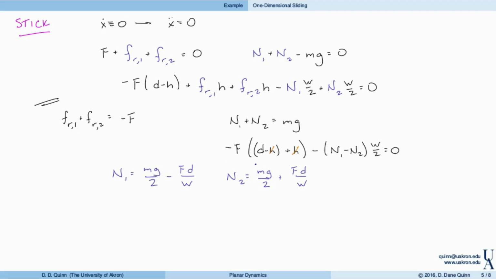Moreover, we still have our inequality from the friction forces, right?